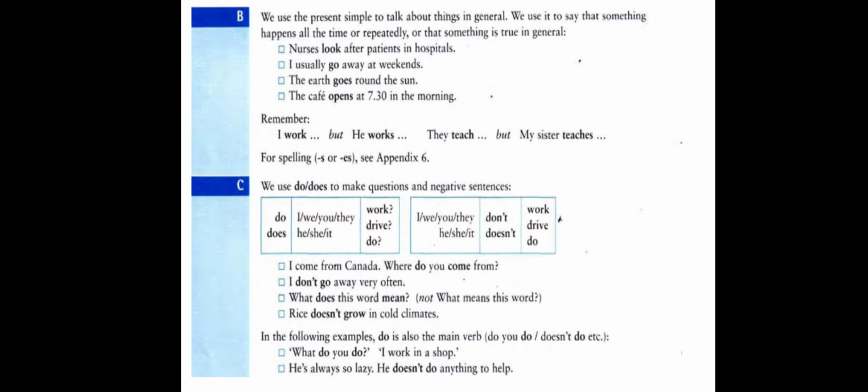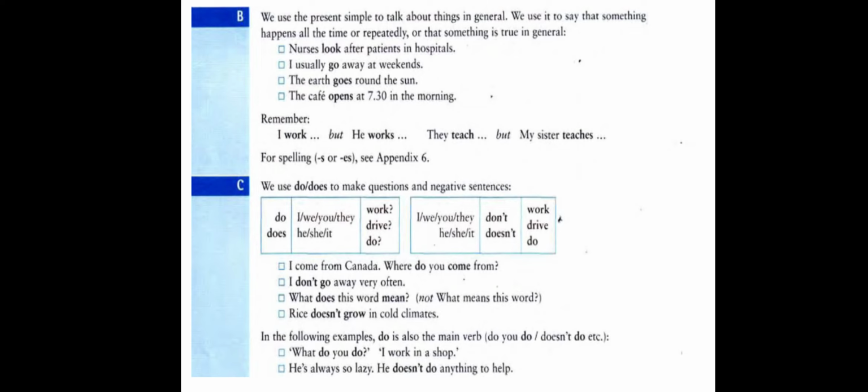When we want to get the auxiliary verb, we put the S with the helping verb do. So it becomes does. And what happens to the main verb? It goes back to its original base form. So works becomes work, drives becomes drive, and does becomes do, because the S is added to the helping verb do.